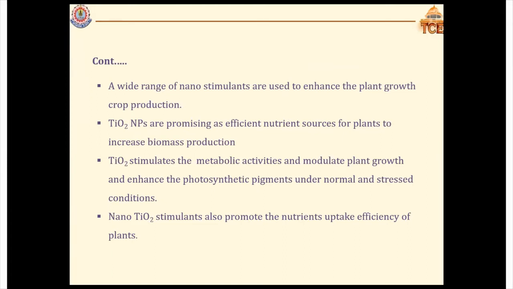Titanium dioxide stimulates the metabolic activities, modulates plant growth, and enhances the photosynthetic pigments under normal and stressed conditions. And titanium dioxide stimulants also promote the nutrient uptake efficiency of green plants.